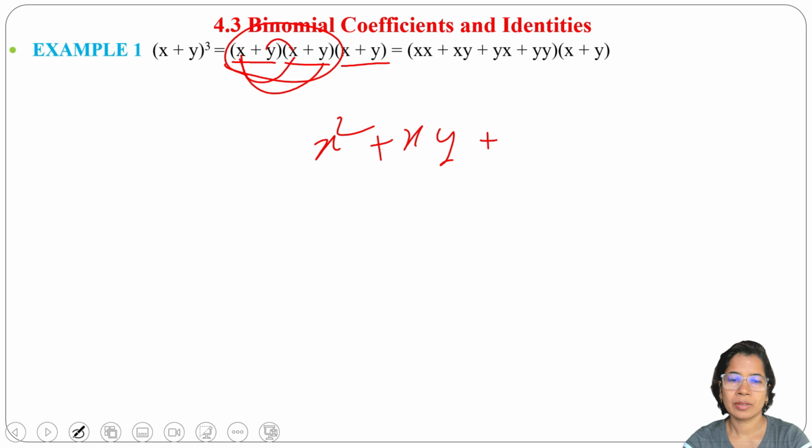Let's see another example. Example 2: what is the expression of (x plus y) power 4?